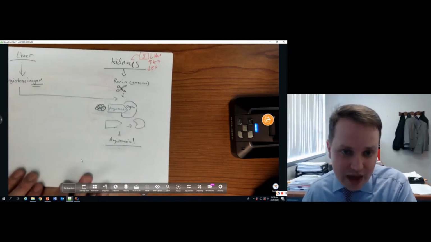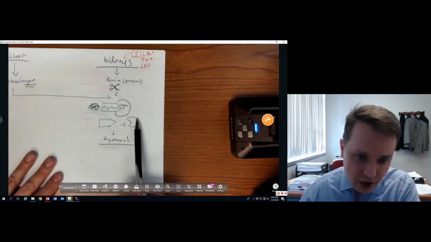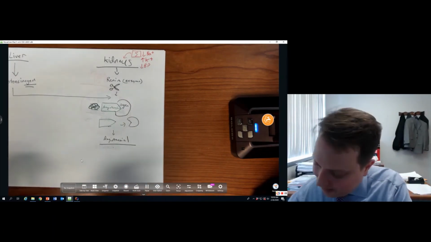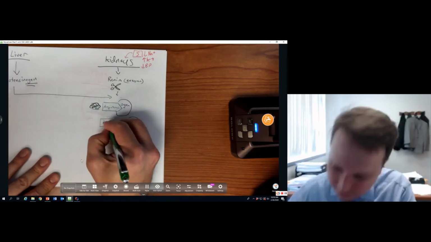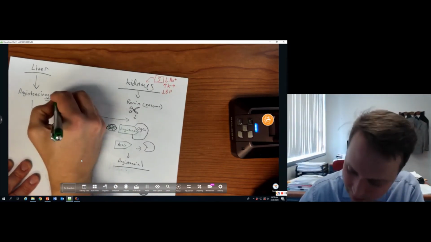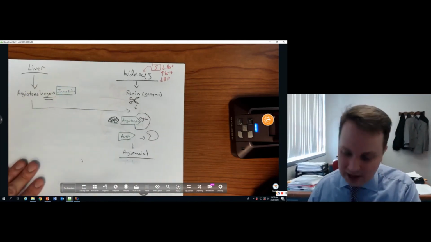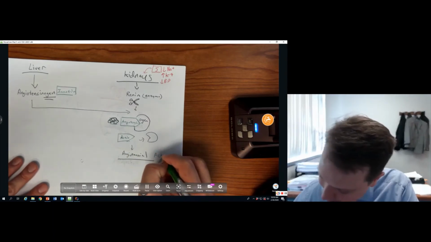So think of renin like scissors. It cuts the ogen off, and now it makes it active. Here, inactive gen. Here, active. Angiotensin 1 is active.